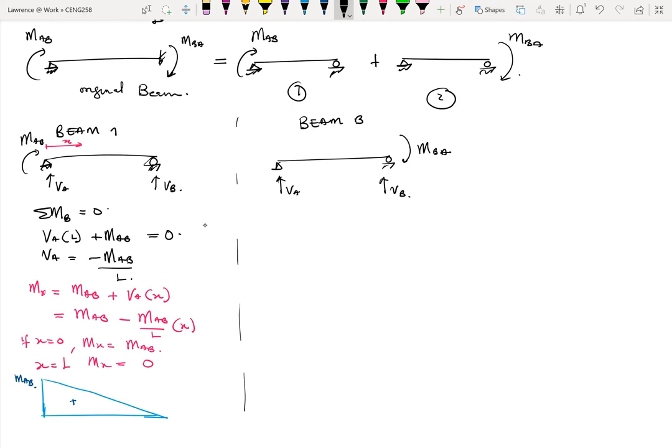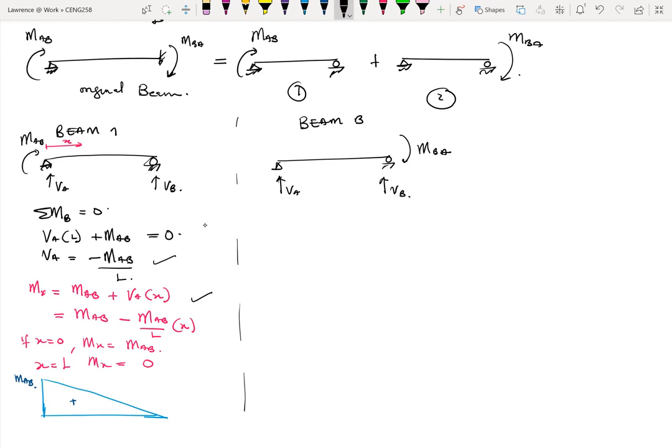And because it's a point moment, it doesn't need you to multiply it by any length because it's already a point moment. Then based on that, we're able to find our VA. So VA is equal to minus MAB over L. Then I also want to draw the bending moment diagram. Okay, so I write an equation to draw the bending moment diagram, and based on that equation, this is my bending moment diagram. Okay. So we apply the same idea to beam B.